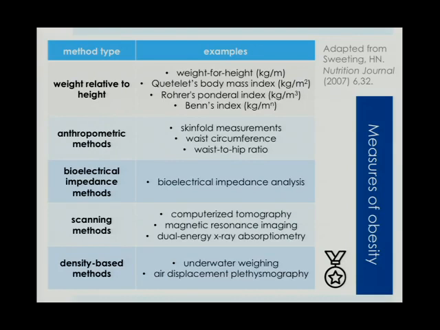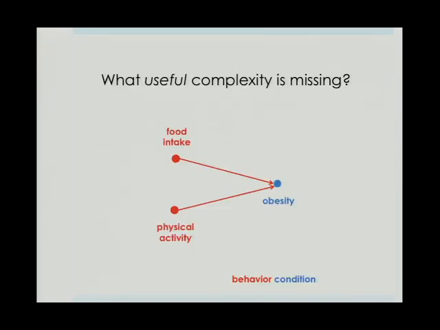And the density-based methods along the bottom, especially underwater weighing, are considered the gold standard when it comes to measuring obesity. Depending on the researcher's primary question, he or she will use a method that best estimates the amount and location of fat or adipose tissue on the body. And oftentimes, BMI is sufficient and a practical measure of obesity for studying health, especially at the population level.